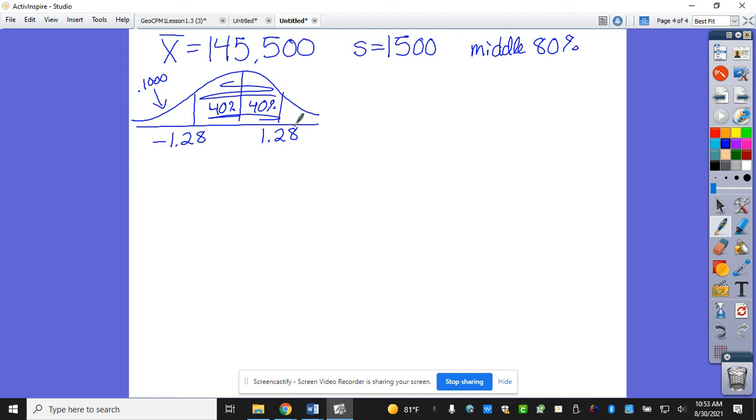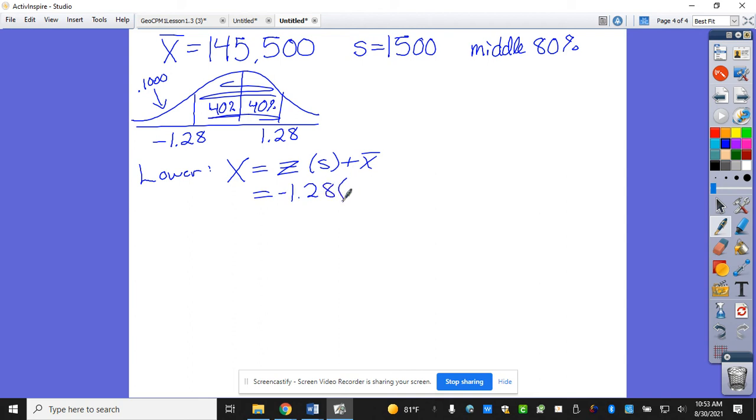So then when you're typing in, when you're writing this out, I'm solving for an x this time. So what is my z for the lower? Negative 1.28.